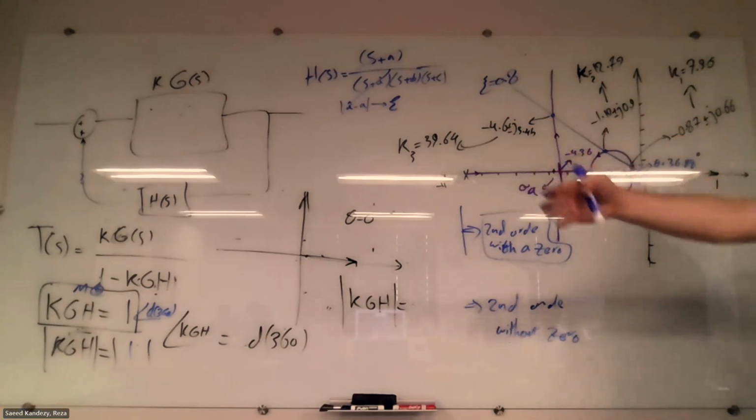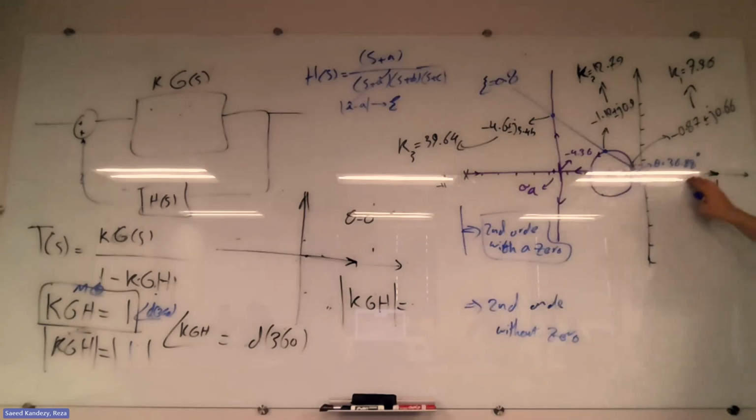So any poles here would have 0, any poles here would have 180, any poles here would have, again, 360. So it's a reverse kind of behavior compared to the negative feedback.